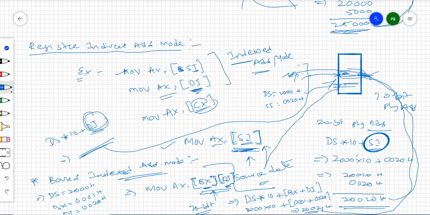Whatever data is there in that selected location will move to the AX. This is called the based indexed addressing mode. Right? In a similar way, we have other addressing modes also.